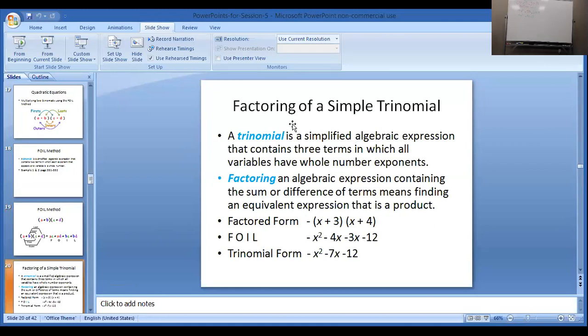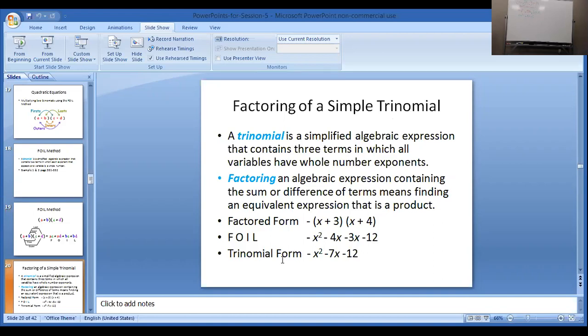Okay. Now, this is important for factoring a simple trinomial. A trinomial is a simplified algebraic expression that contains 3 terms in which all the variables have whole number exponents. Factoring an algebraic expression means finding an equivalent expression that is a product.